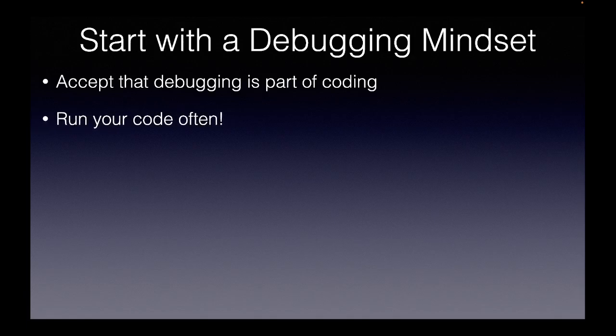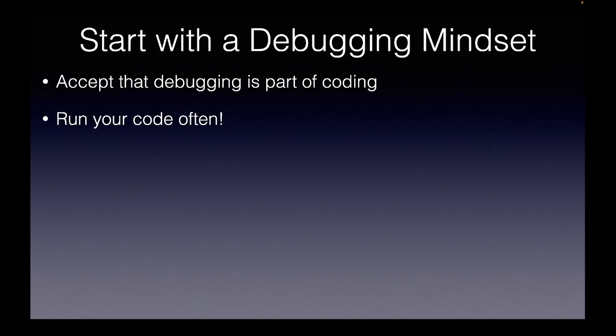The next thing you can do as far as having a debugging mindset and a mindset that minimizes the amount of errors you make is to run your code often. Run it every time you make any kind of a significant change or you make significant progress, even though you're absolutely certain that nothing you did is going to be a problem, you run it anyway.